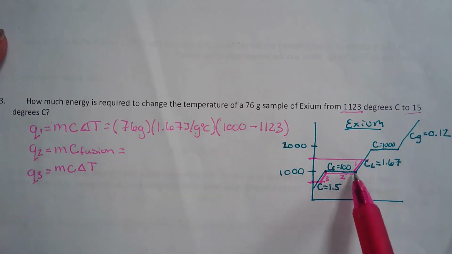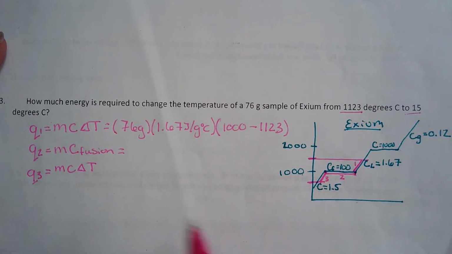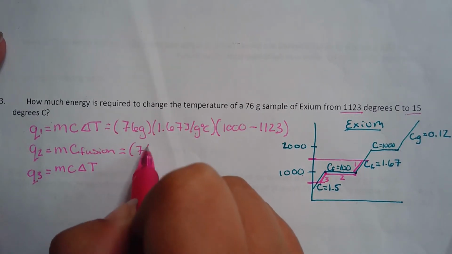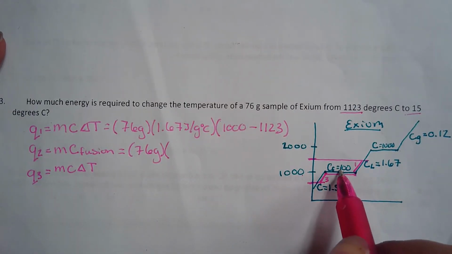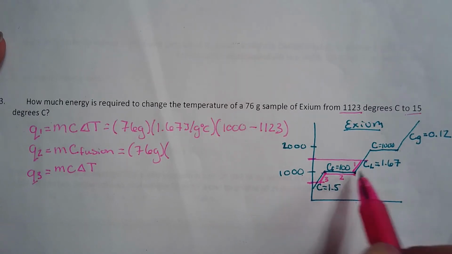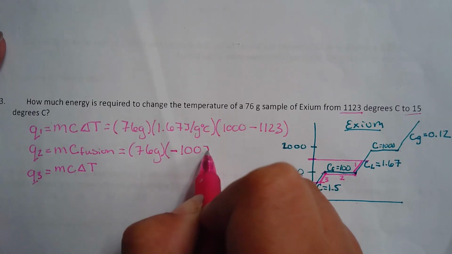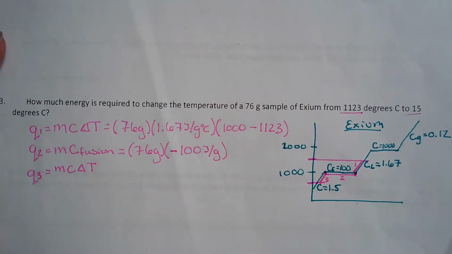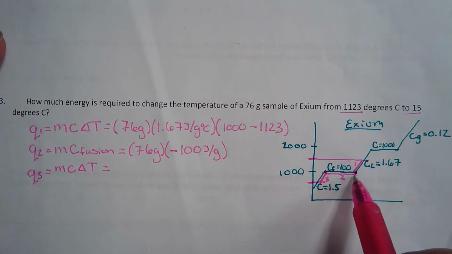The second section, how much heat are we taking away to get from just starting to freeze to all the way frozen? So to do this, we have to use our 76 grams, and then our heat of fusion is 100, but because we're freezing rather than melting, we have to use negative 100 joules per gram. So that gives us the heat required to freeze our sample.